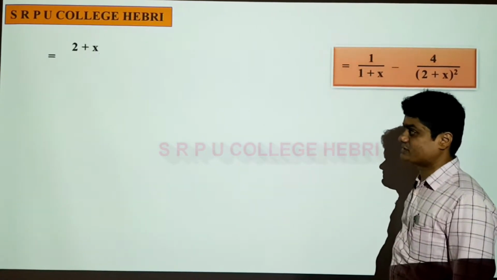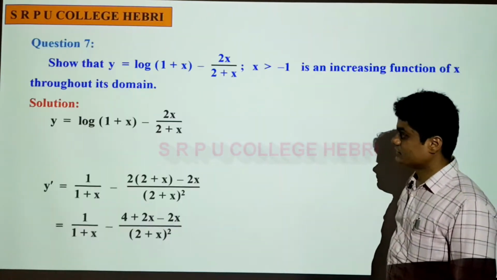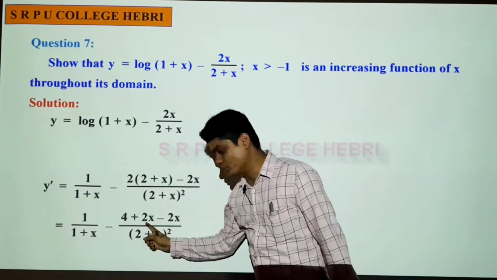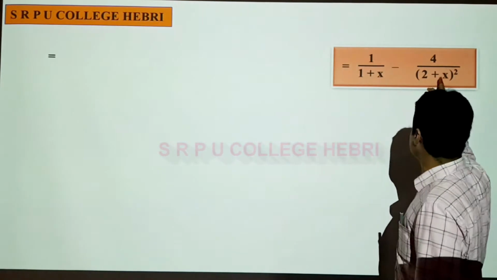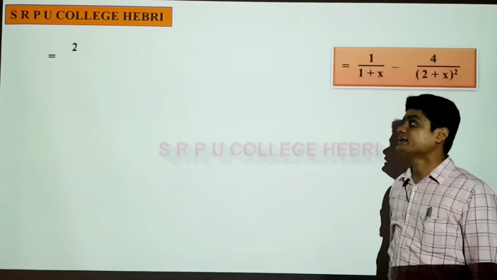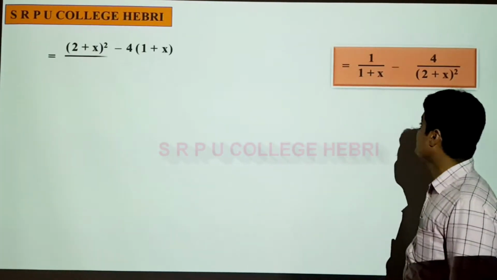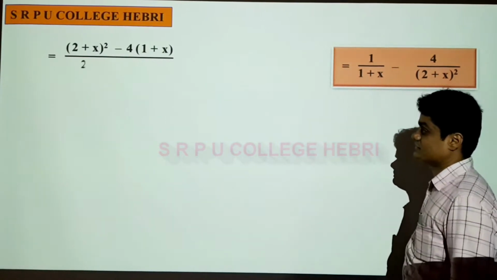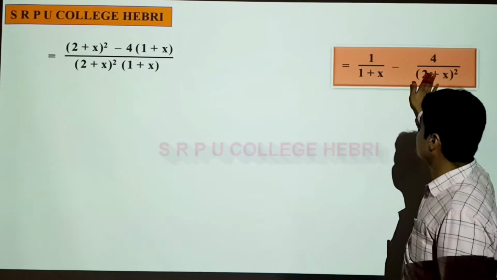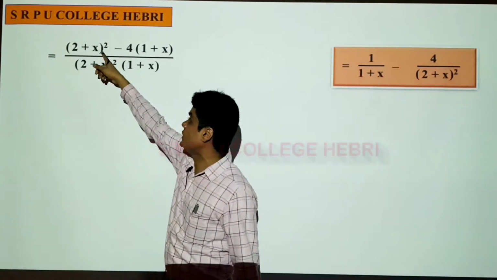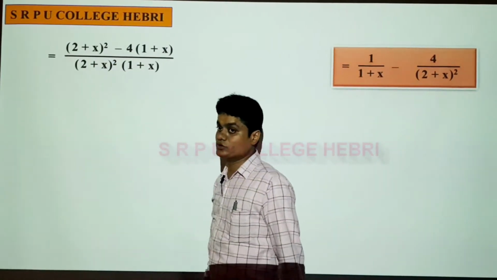I'll show you the previous slide again. See, minus 2x plus 2x cancel, so remaining is 4. So the last term after simplification is this, and for this expression you take LCM. LCM is 1 plus x into 2 plus x whole square. For that, 2 plus x whole square will be multiplied to 1, and 1 plus x will be multiplied to 4.